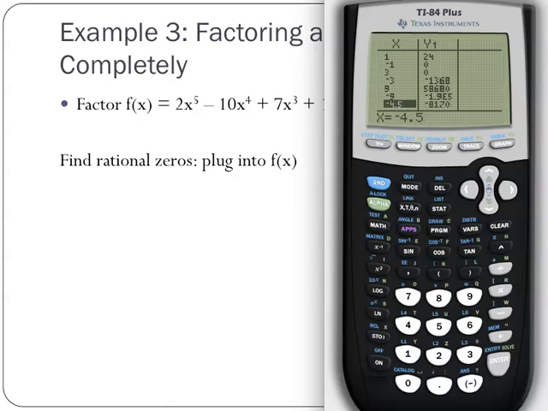So from here it seems that we only have two rational zeros, one at -1 and one at 3.